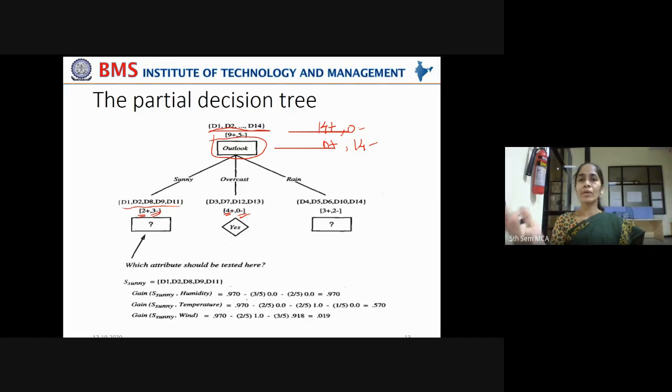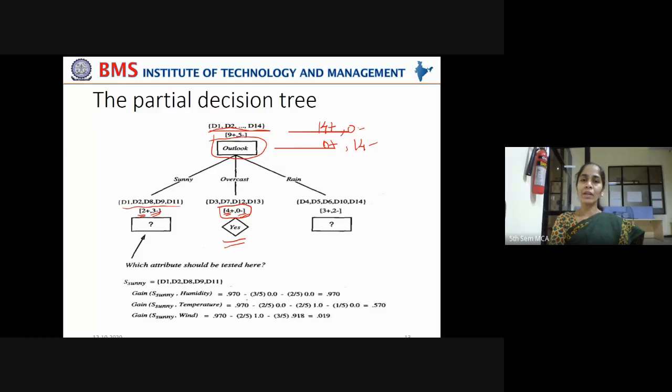There is no doubt about the other attributes. It doesn't care about the other attributes. That is why you can give the leaf node directly as yes, because there is purity in the classification. There is more information gained in that particular classification. So you need not classify further, right?